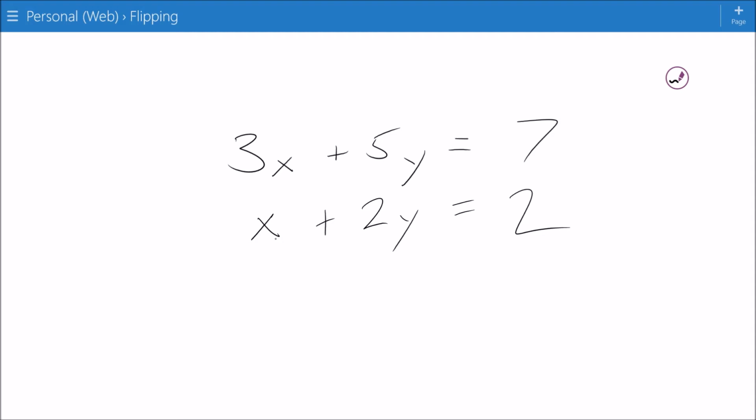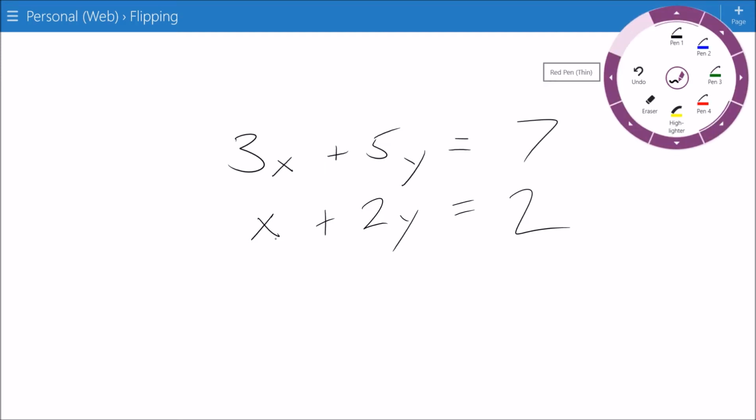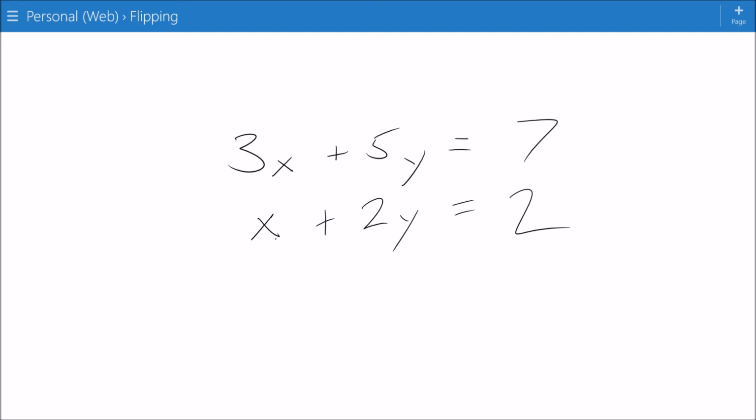Even if I multiply everything in the second equation by -1, I'm still not fully canceling everything out. But what I can do is multiply one of the equations, as long as I'm multiplying the entire equation on both sides, that's okay.